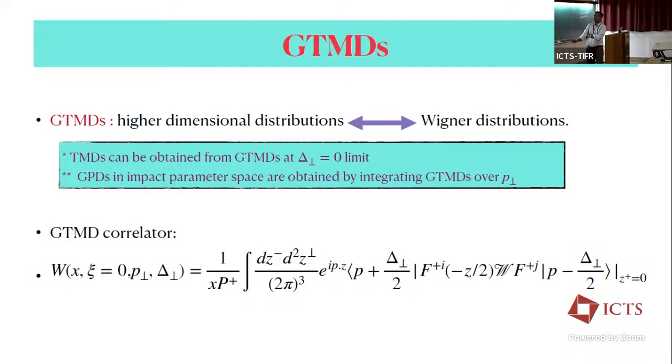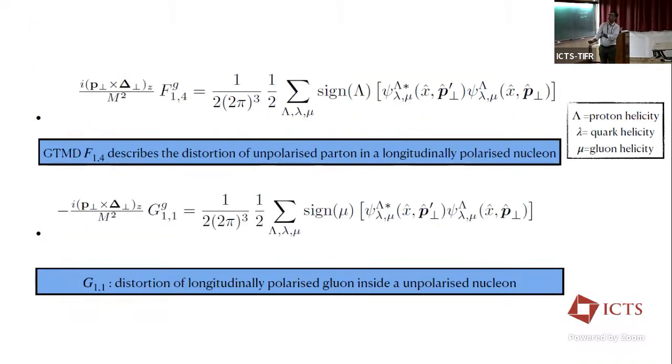And this GTMD correlator is written like this for skewness xi equal to 0. So here again, you can see that the initial and final states differ by this momentum. This GTMD, say F1,4, you can write like this in the light cone overlap formalism.